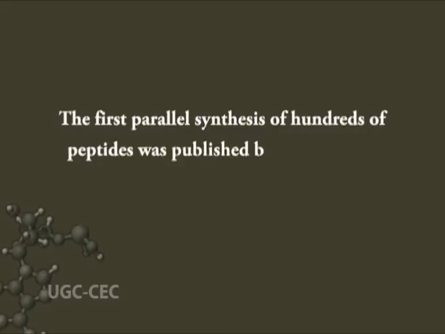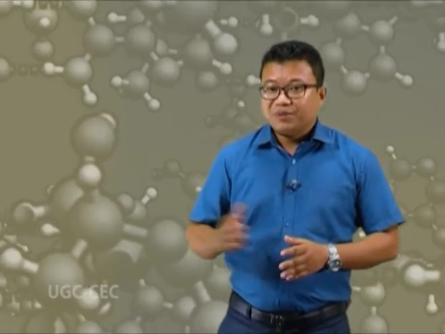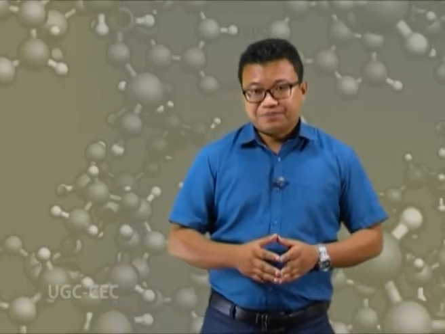The first parallel synthesis of hundreds of peptides was published by Jason et al. in 1984. Peptide libraries can be created by directed parallel synthesis of complex peptide mixtures and identified by position screening.